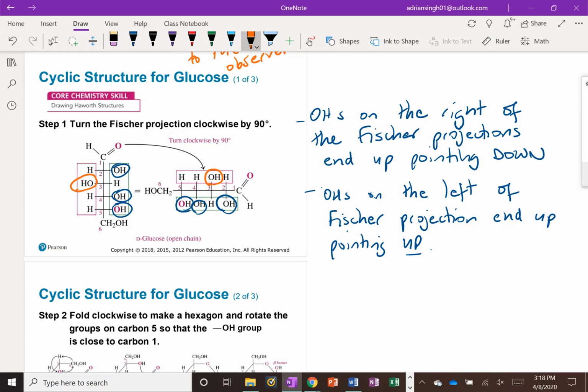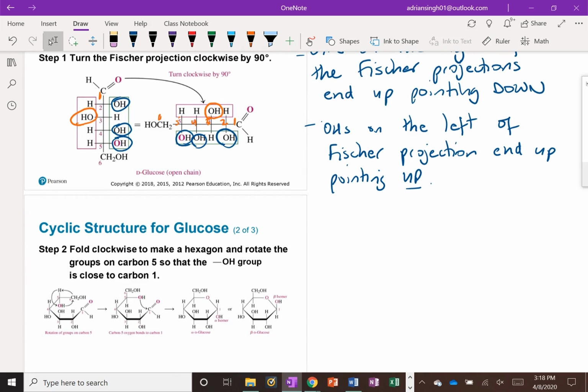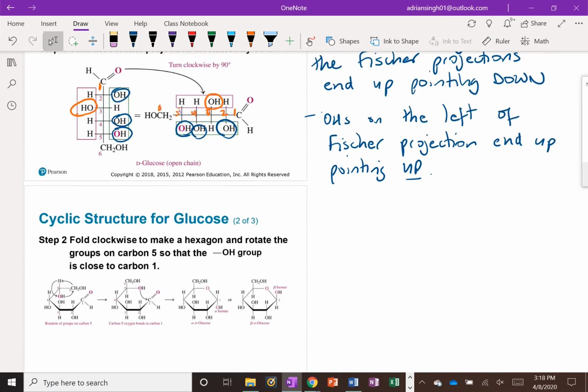All right, so that's the first step here. And there's our carbon 1, which has the aldehyde on it, and then carbon 2, 3, 4, 5, and 6. So when we tilt it to the right to have our open chain lying on its side, what happens is the back end of the chain, this region here, ends up folding back around, kind of like the tail of a scorpion.